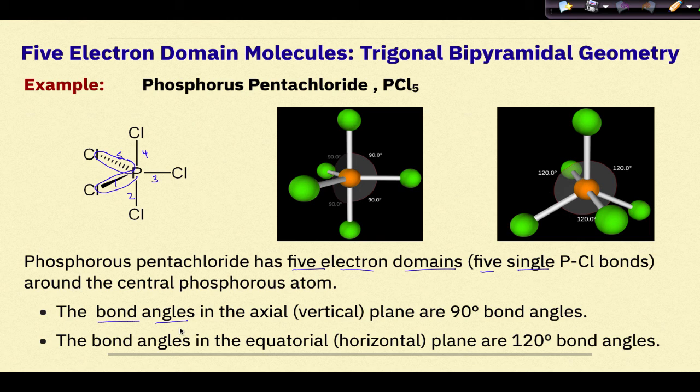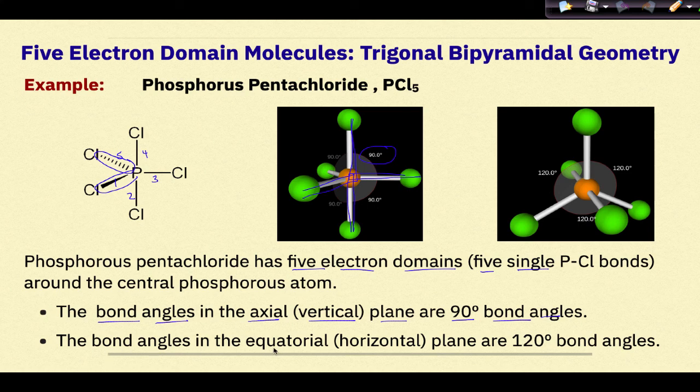The bond angles in the axial or vertical plane are 90-degree bond angles. So we're talking about bond angles between here and here, and even if this one was coming out of the page, here and here, and of course in the back as well. But that's what we're talking about when we talk about 90-degree bond angles.